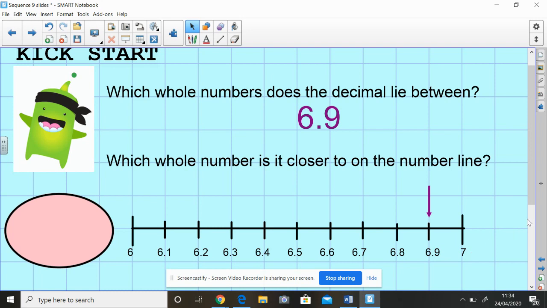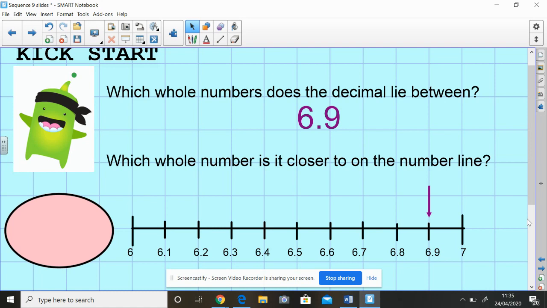So when you're rounding decimals, the first thing you do is think what two whole numbers are on either side of the decimal. And those two whole numbers will not be a decimal, they will just be a whole number like 1, 2, 3, 4, 5, 6, 7, 8, 9. Then you think, in the tenths column, is my number 5, 6, 7, 8, 9?